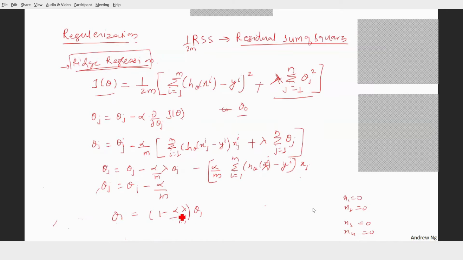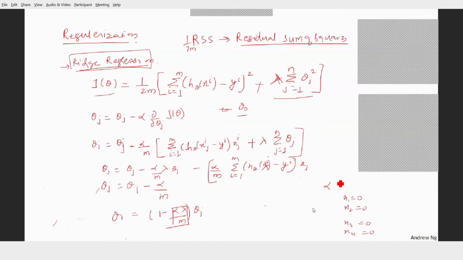Now, usually alpha, the learning rate, is a value which is smaller than 1. Lambda is a value which is greater than 1, and usually a very high number, divided by m, which is again a value which is greater than 1. So this entire thing is surely going to be less than 1, right?